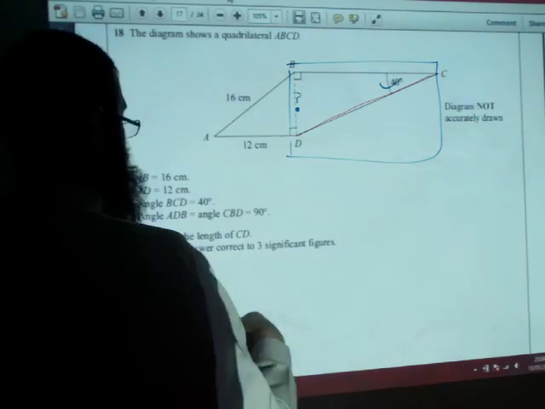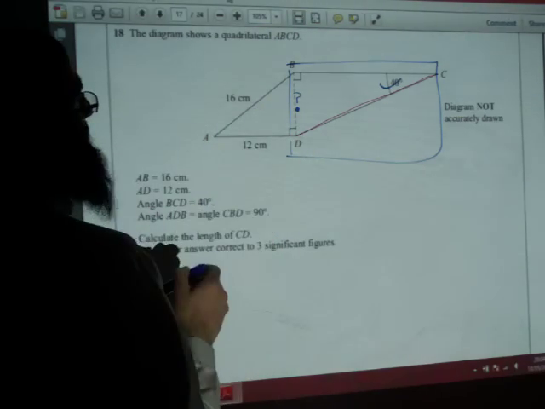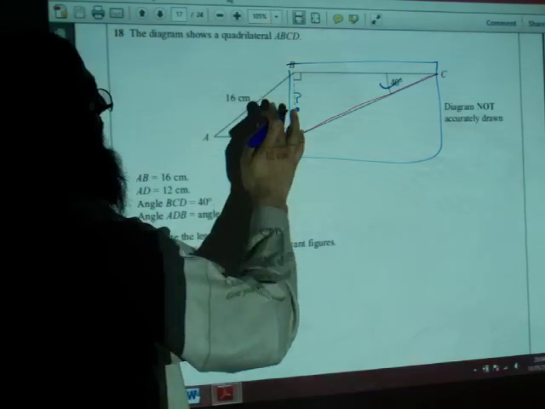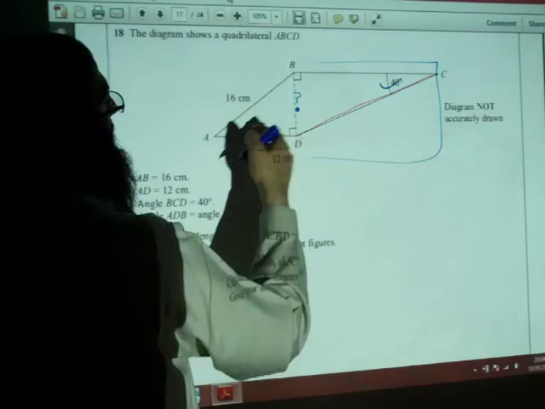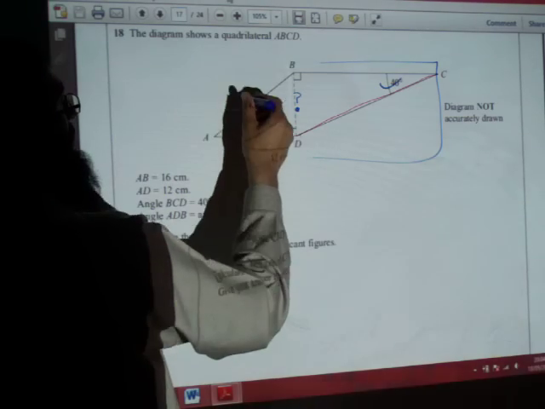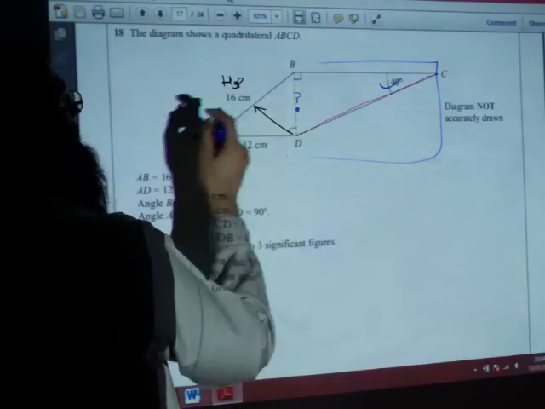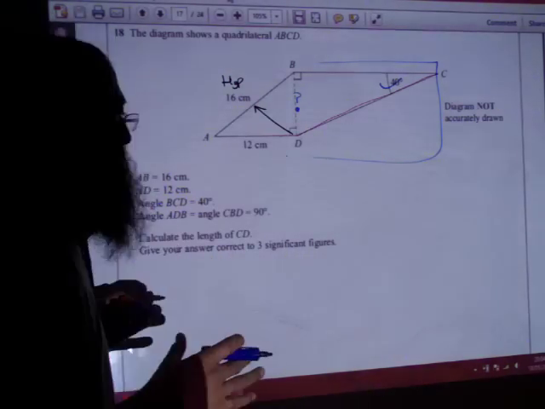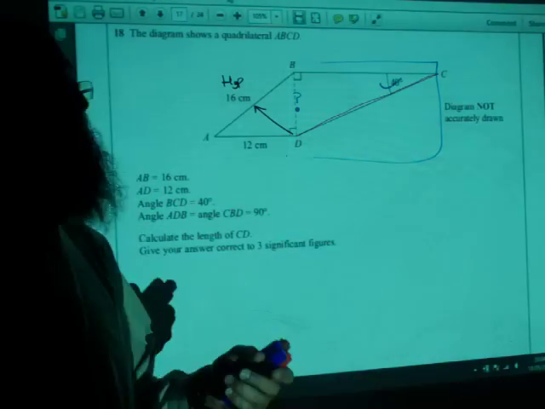Now I'm going to look at this smaller triangle here. I'm going to take this off here. We have our hypotenuse, because opposite the right angle is the hypotenuse. Now let's look at Pythagoras theorem. The Pythagoras theorem comes in lots of different guises.